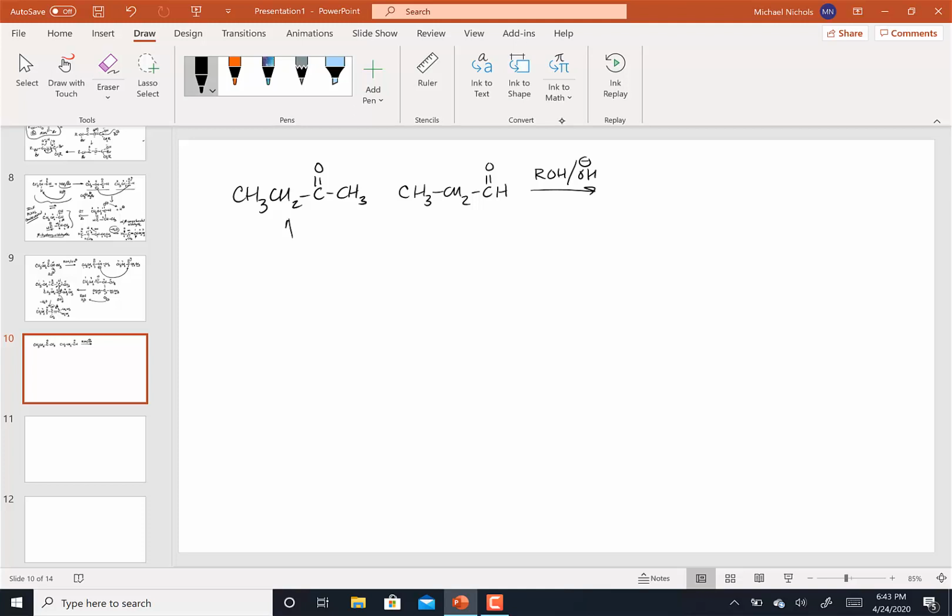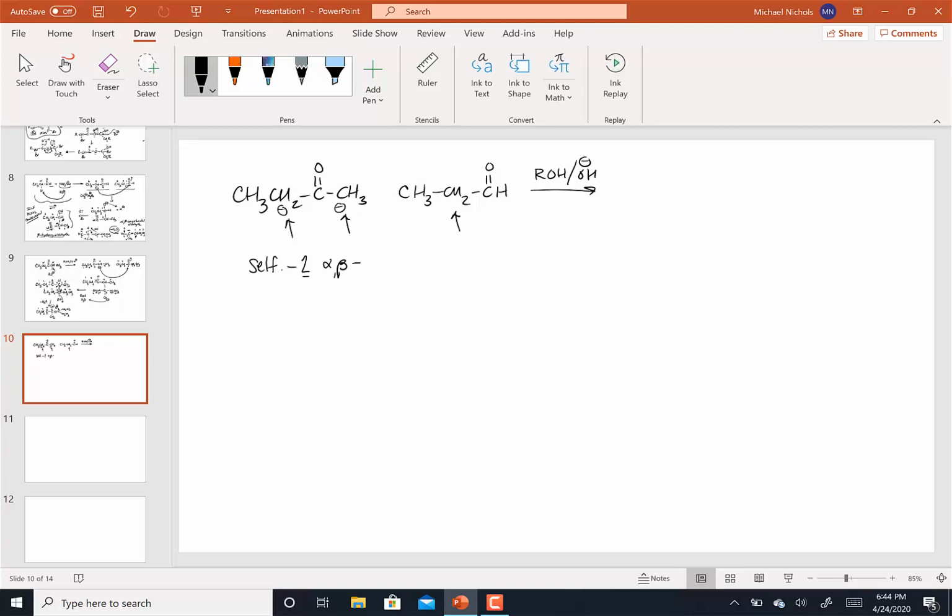Well, I've got 2 possible enolates on this ketone, 1 possible enolate formed on that aldehyde. So I've got the possibility of forming, in the self-aldol condensation reaction of the ketone, 2 different alpha-beta unsaturated products, depending on which enolate I formed, and having it do a self-aldol condensation on itself.